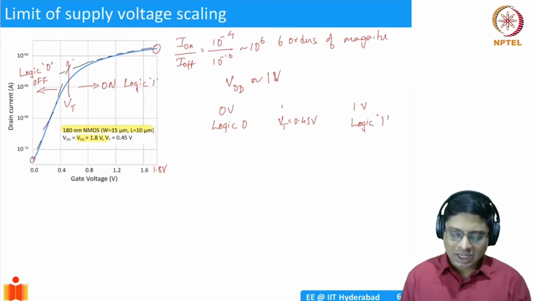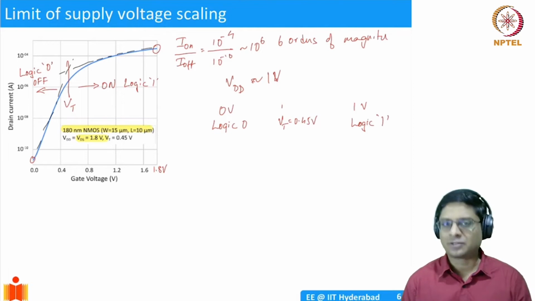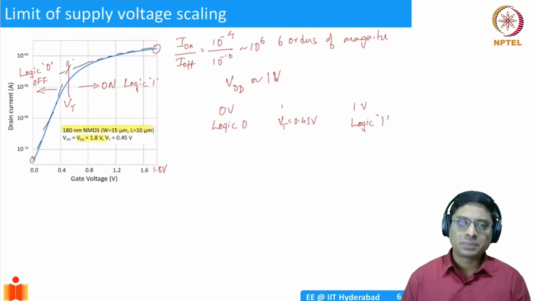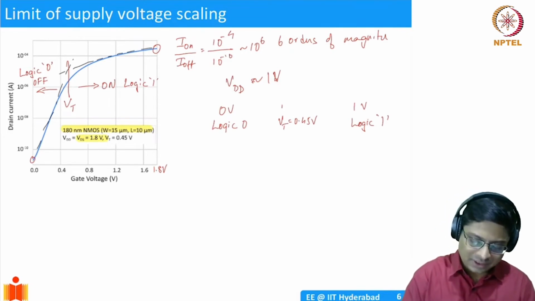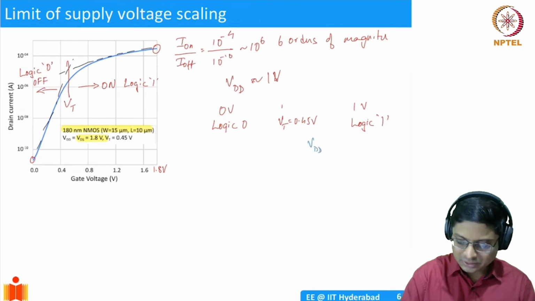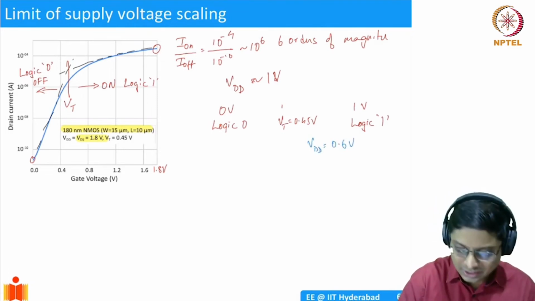So what prevents me from reducing my supply voltage? After all, I can build a battery with 0.6 volts. The reason is that if I put my supply voltage at, let's say, VDD equal to 0.6 volts, the margin I have for logic high changes.